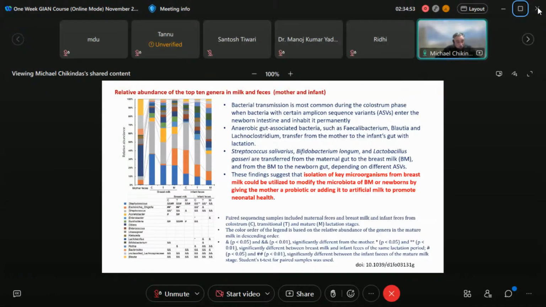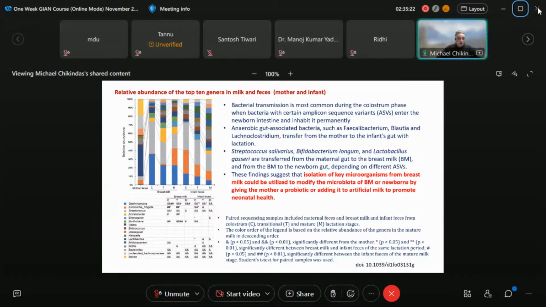And of course, many scientists pose this question, and we have very good results indicating that the microorganisms delivered to the pregnant women or during the lactation period, and so from the breastfeeding mother to the child, they can also contribute to the modulation, positive modulation of the infant's microbiota.